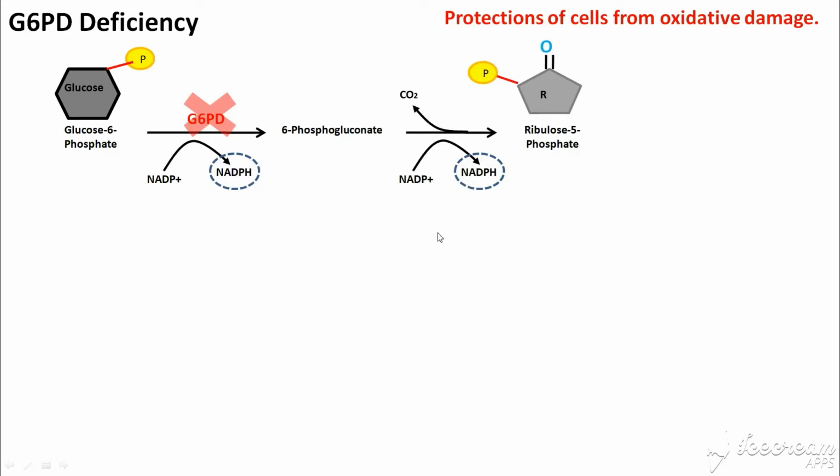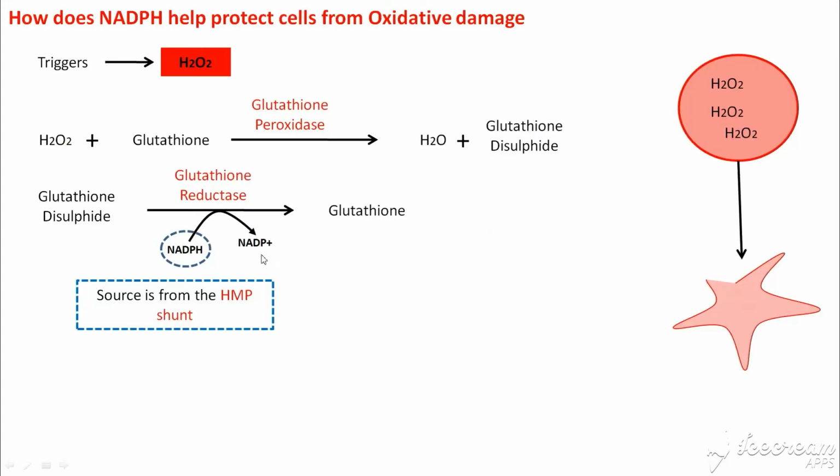So if we cannot regenerate our NADPH, that means that we cannot regenerate glutathione, and we're going to be very vulnerable to hydrogen peroxide inside of our RBCs. So the RBCs are going to then accumulate hydrogen peroxide, and that's eventually going to lead to hemolysis of that RBC. And this is characteristic of G6PD deficiency, in which there is intravascular hemolysis of RBCs.